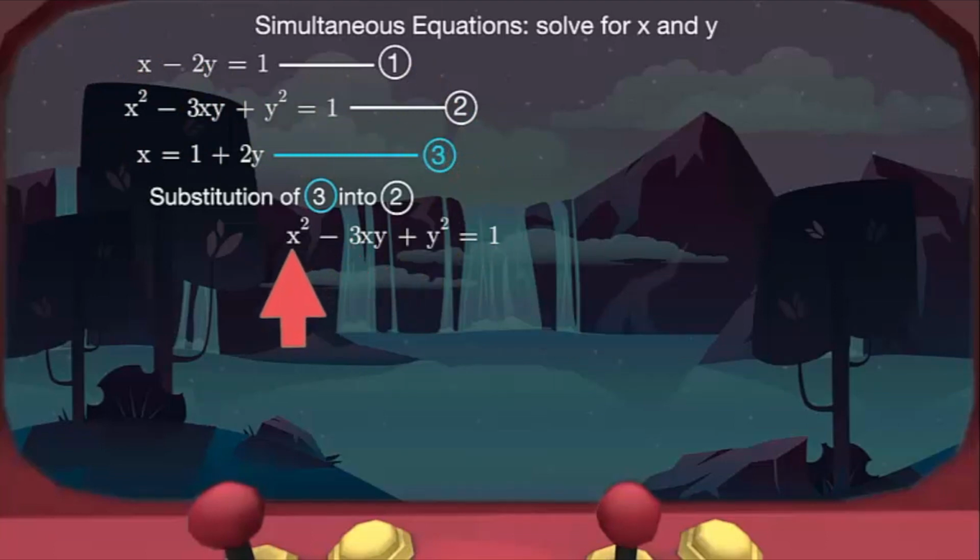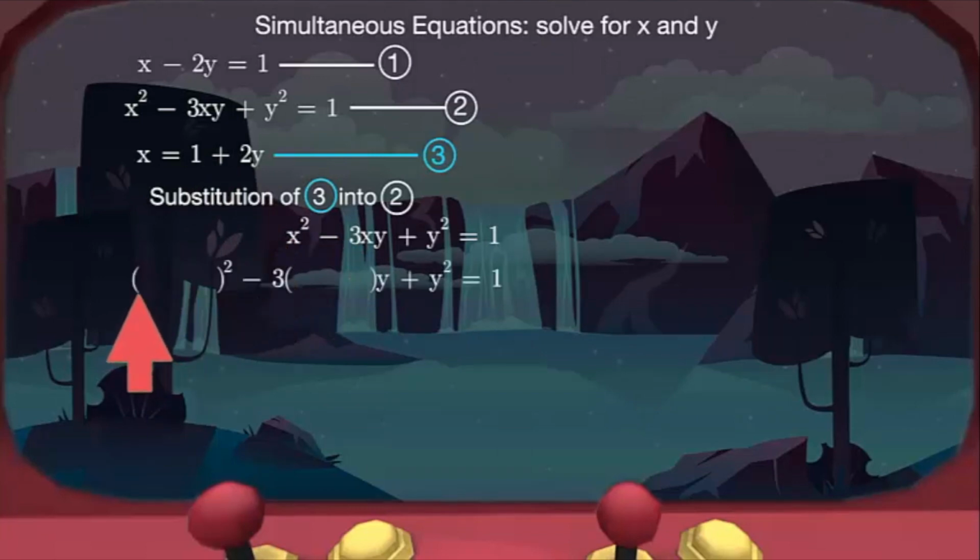So now all I need to do is, because this is x is equal to 1 plus 2y, everywhere where I see an x in this equation 2, I am just going to put this 1 plus 2y. So the first thing I do is I rewrite the entire equation down, but in the place of the x's, I put these brackets first. So now I can quickly see whether I left things out.